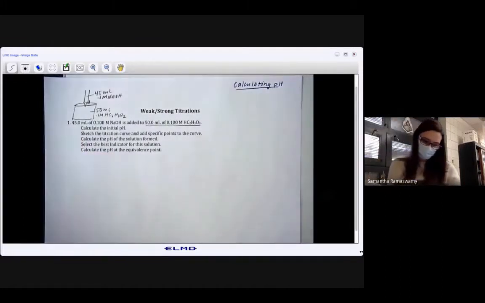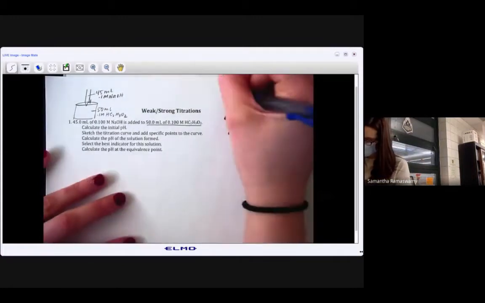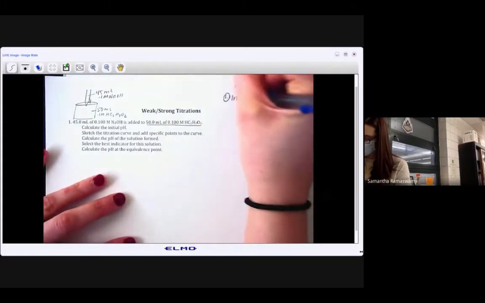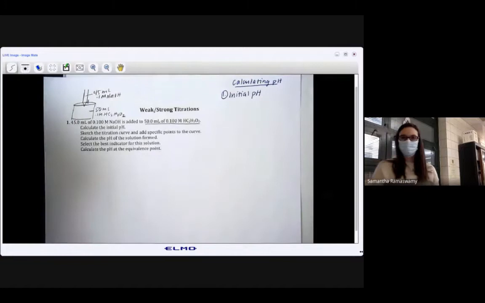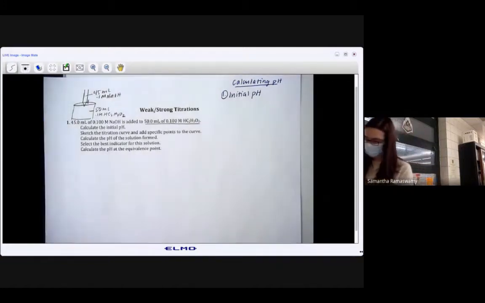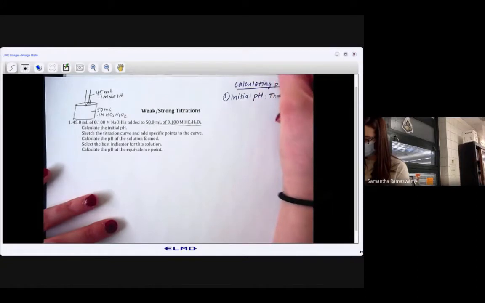And so thinking about calculating pH, we have 4 main areas that they might ask us to calculate pH. The first is the initial pH. So the first thing they might ask us to do is calculate the initial pH. Well, for the initial pH, we just think about what's in the beaker.